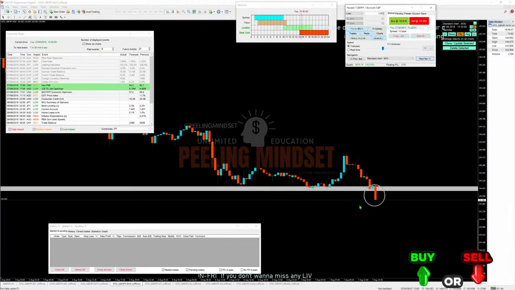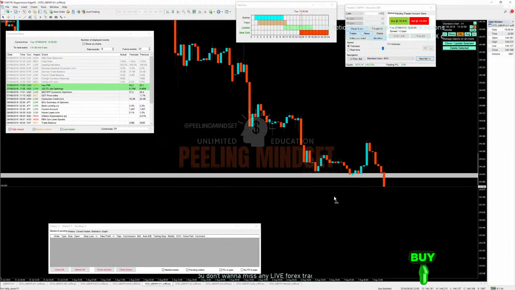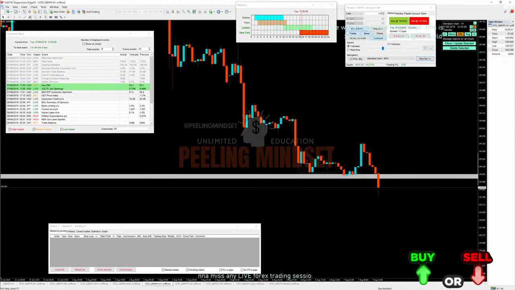All right, now look at this. This is the exact situation I was talking about, right? Now this candle right here closed out of the range. Now the next candle has to print something like this for a possible entry.